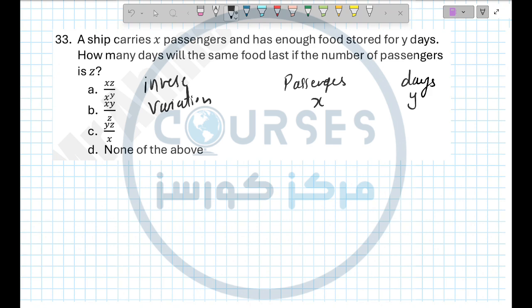How many days will the same food last if the number of passengers is Z? So this is Z. This one we can call question mark. Of course, this is inverse variation, so we're going to use straight multiplication. These are multiplied, this is divided. So the question mark, our answer, is X times Y divided by Z, which is B.